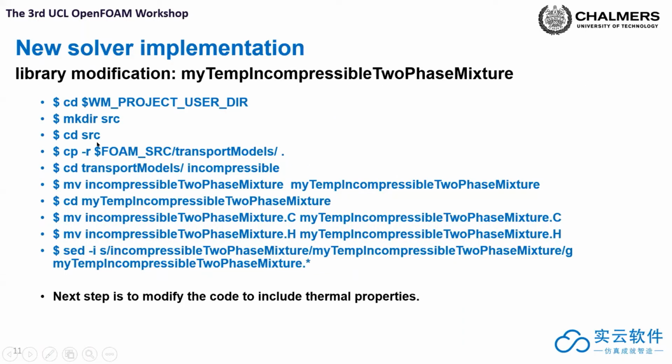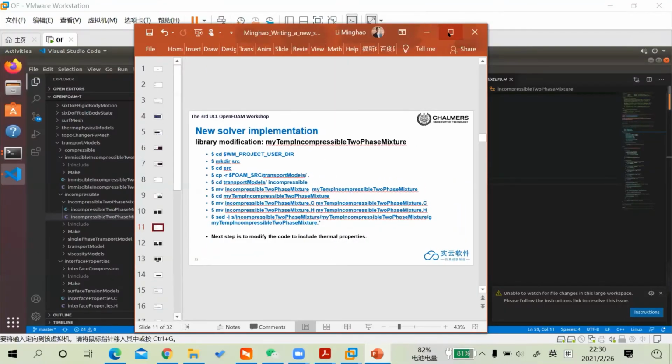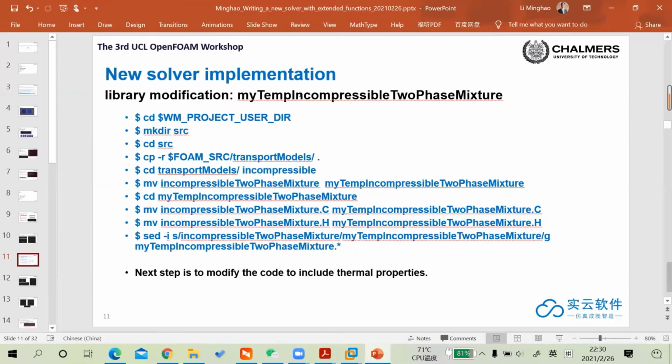For this tutorial, I have put a very thorough command sequence. So after the tutorial, or if you want to do it now, you can just copy and paste. It should work. I have tested. So now, let's do it side by side.